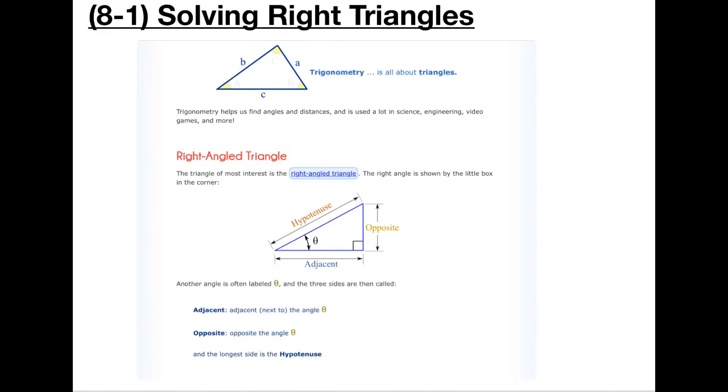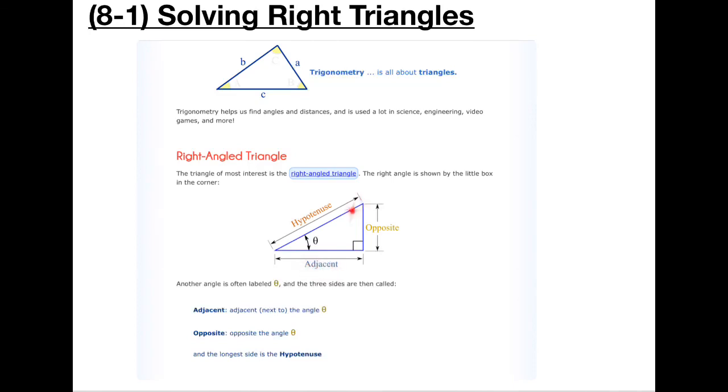So if I show this angle by theta, which is a Greek letter that we usually use for angles, then the opposite side to this angle is called, well, not surprisingly, opposite. The side which is next to this angle is called adjacent. Adjacent means next to. It's a fancy word for next to.